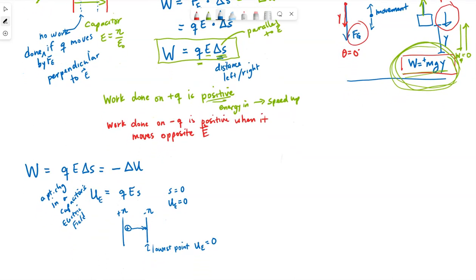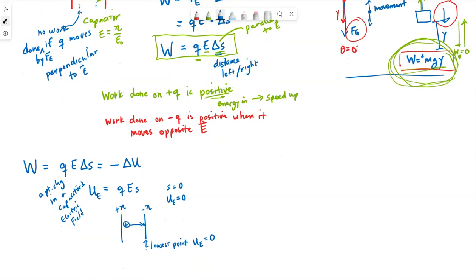So we are essentially saying that this location is S equals 0 in that situation. Now, just as a reminder, an analogy, let's think about gravity for a second and gravitational potential energy.